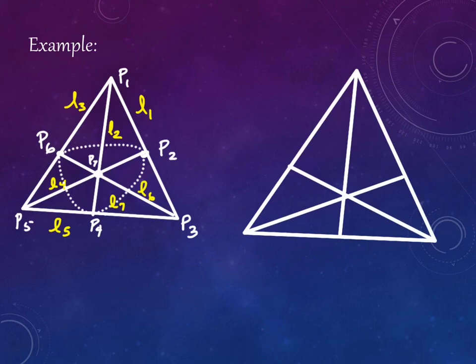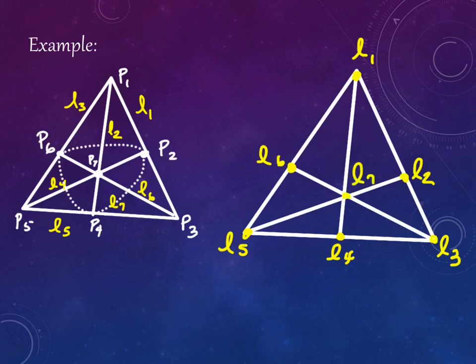So this is L1 at the top, L2, L3, L4, L5, and L6, and it's referring to what appear to be points, right? And that's L7 in the middle.